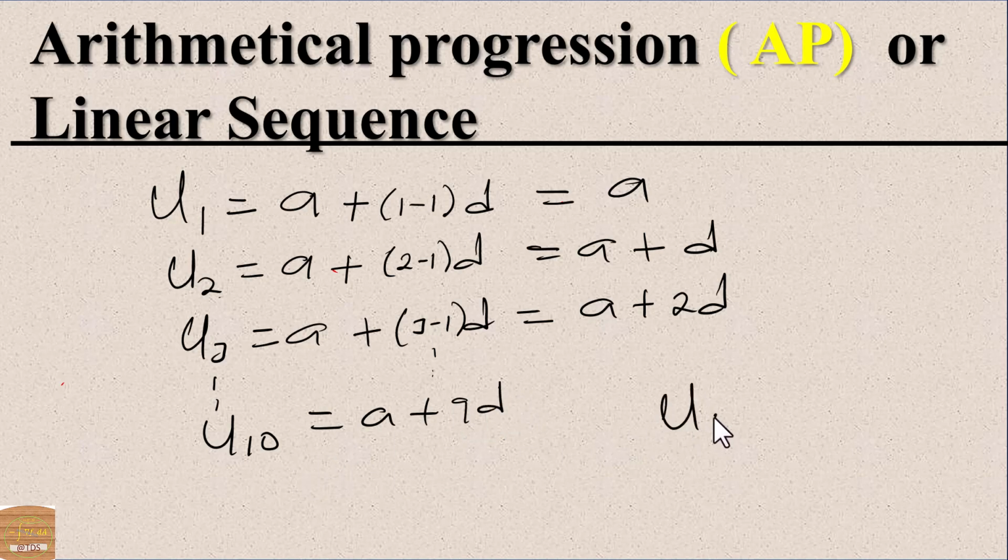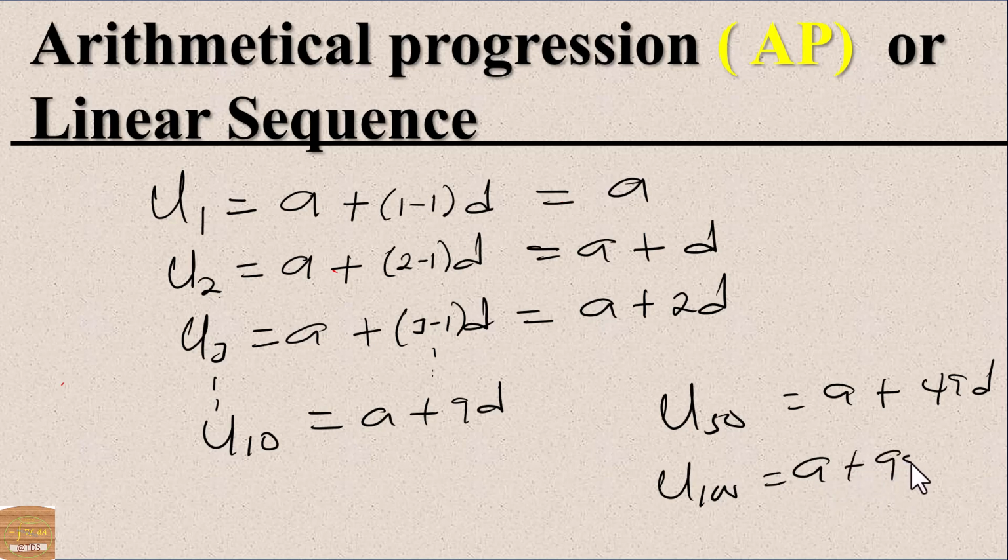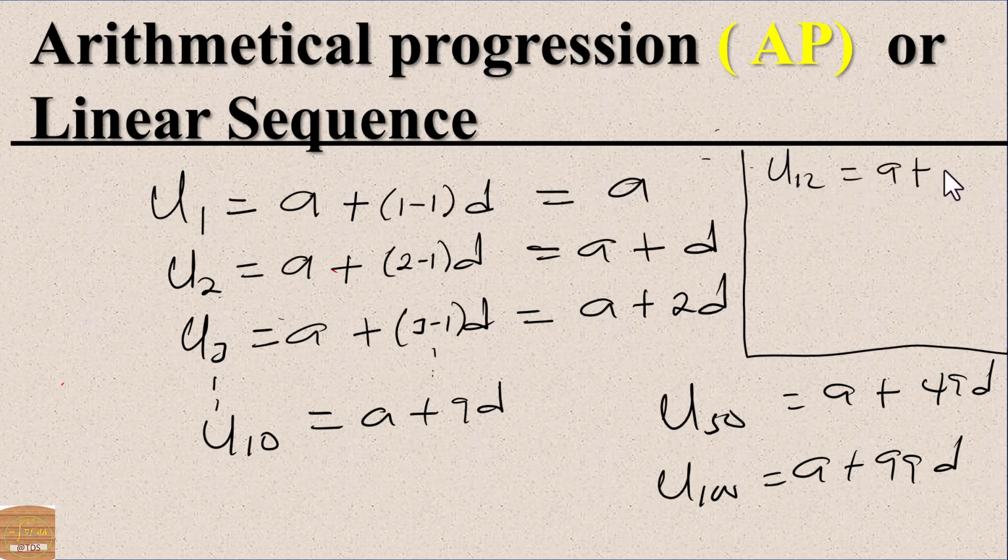U50 will be A plus 49D. Now U100 will be A plus 99D. Now let's find U12. U12 will be A plus 11D.